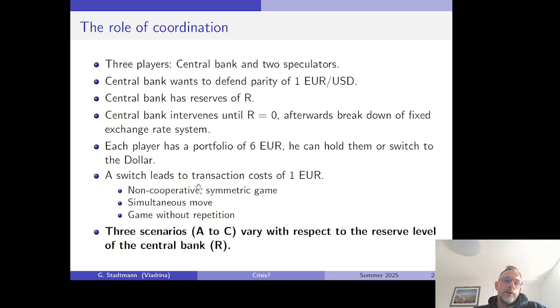Non-cooperative is very important because when the two players are acting together, the outcome will be clear. Also, a symmetric game is important. When we have differences in sizes, a big player can make a difference. Furthermore, the assumption of a simultaneous game is also important. In a sequential game, the phenomenon of multiple equilibria does not pop up.